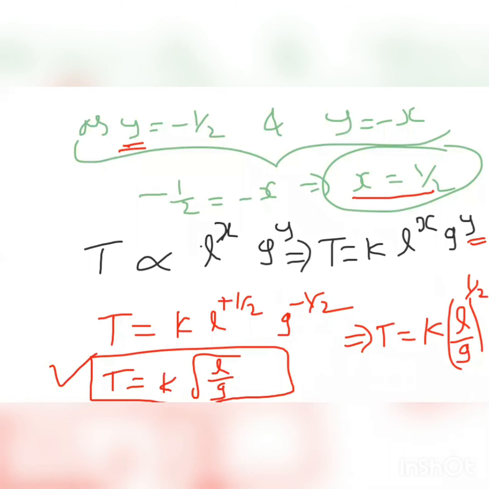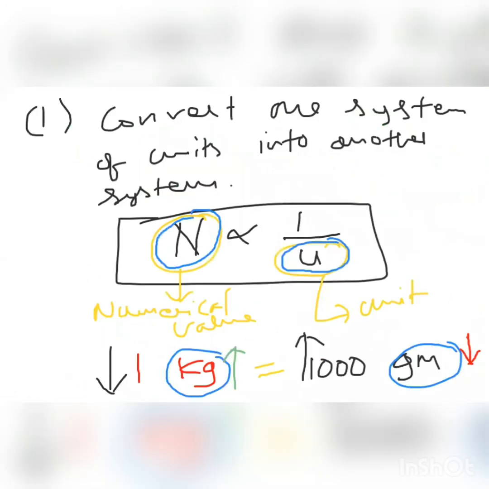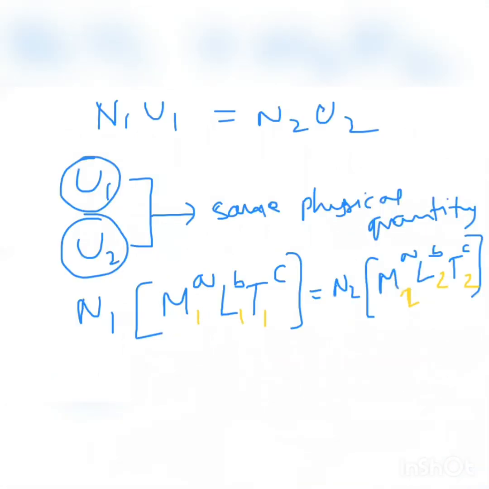This is the method. In today's class, we discussed a total of 3 methods. The first method in dimensional formula is converting one system into another system. For that, the formula is N1 U1 is equal to N2 U2. Remember, N is the numerical value and U is the unit.